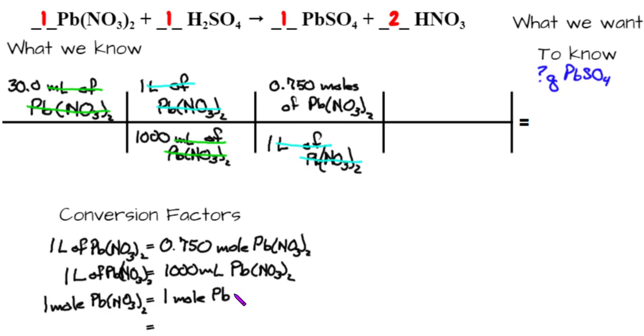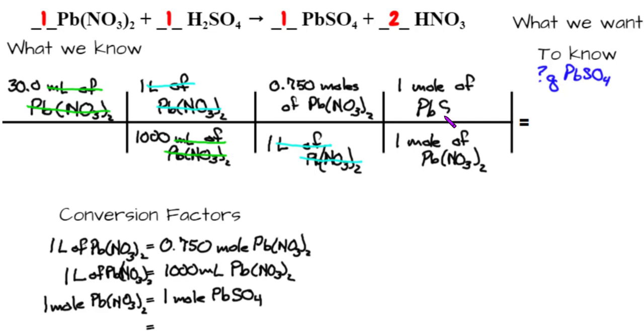Now this time, I have moles Pb(NO3)2, so I'm going to put 1 mole of Pb(NO3)2 and 1 mole of PbSO4.